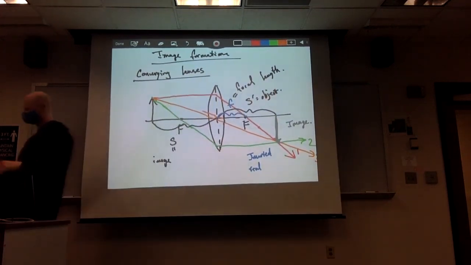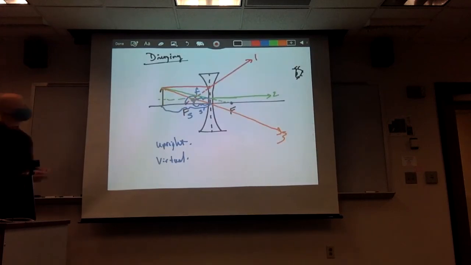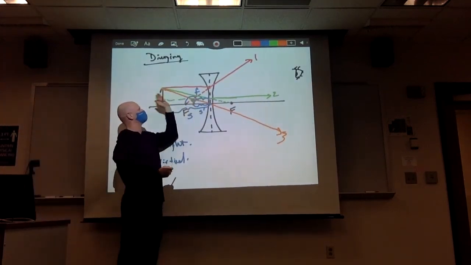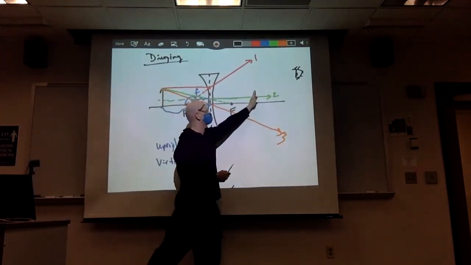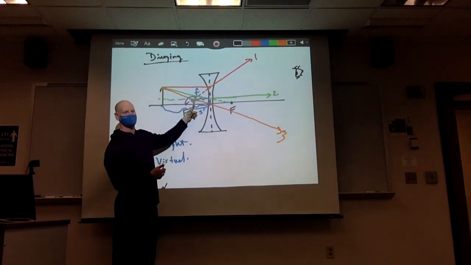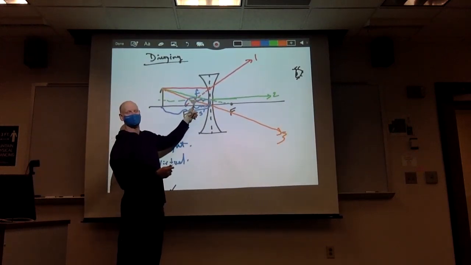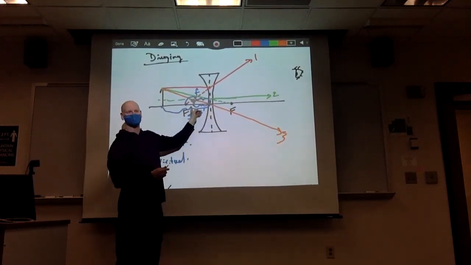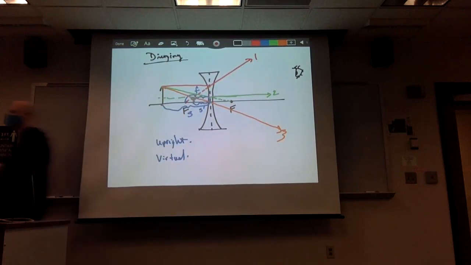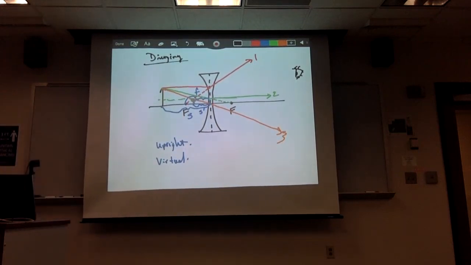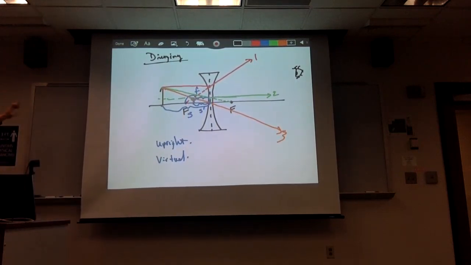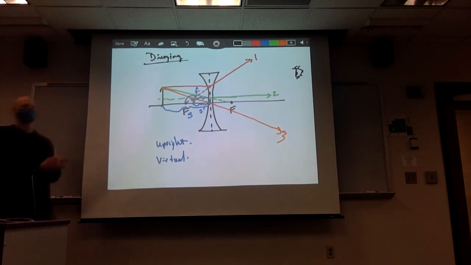In this other case, the light starts here and continues to move in this direction, which forces this to be on the side the light is coming from, not going to, which makes it a negative image distance. Unlike with mirrors, where that was where the light was going to, so that was positive. So it's a little bit switched, but otherwise the same exact things.